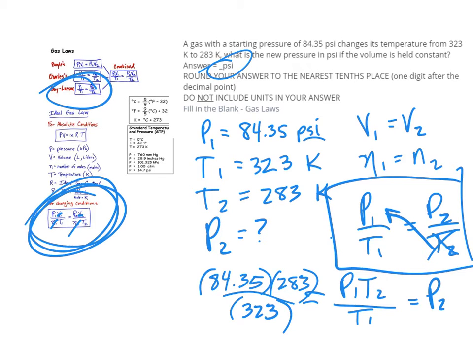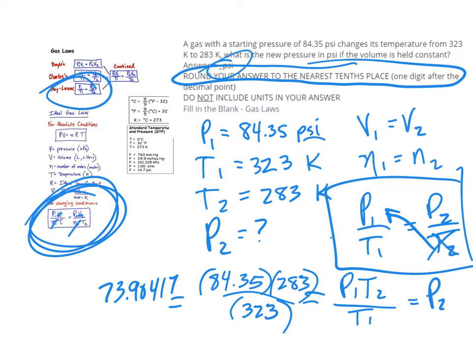Calculator says 84.35 times 283 divided by 323 is 73.90417. Round your answer to the nearest tenths place.